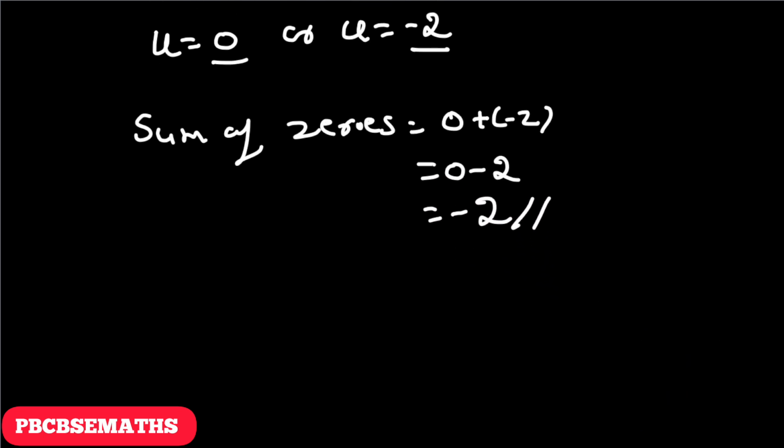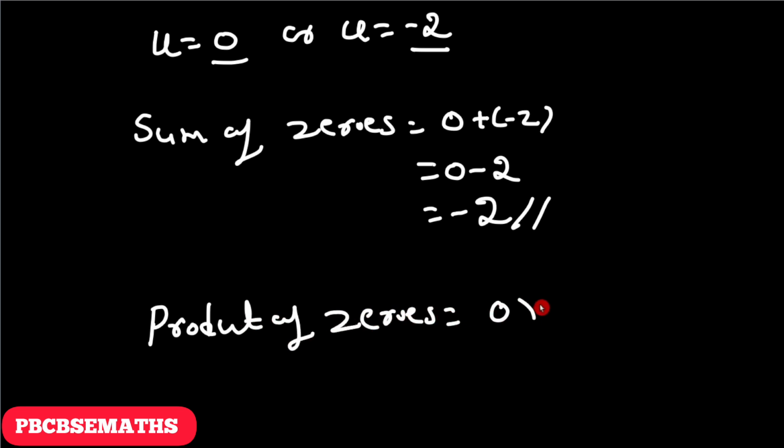Now let's try to find out the product of zeros. Product of zeros is equals to 0 into minus 2, which gives us 0. Now let's verify the sum of the zeros and product of the zeros is correct or not.